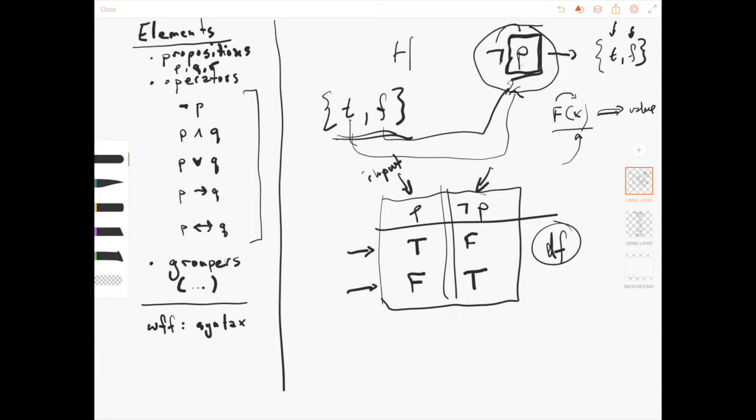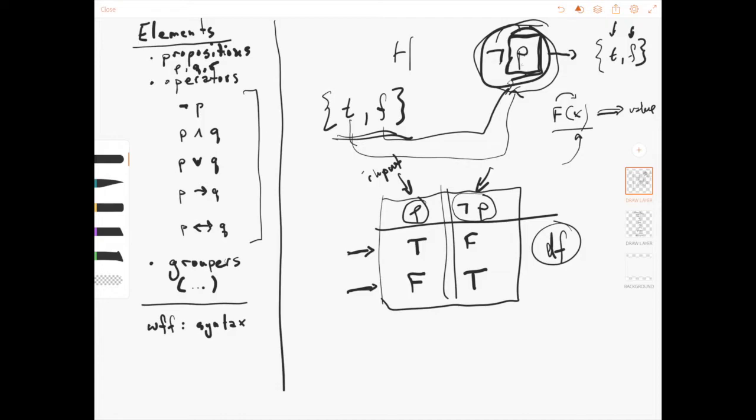This operation is, according to its syntax or its schema, its logical form, telling us it's not the case that whatever is in the scope of the negation sign, and what we're saying is in the scope is a proposition, and that proposition can only have one or the other of these two values. So, in a sense, this truth table captures every possible situation with respect to the variable P. Why is that? P can only be either true or false.